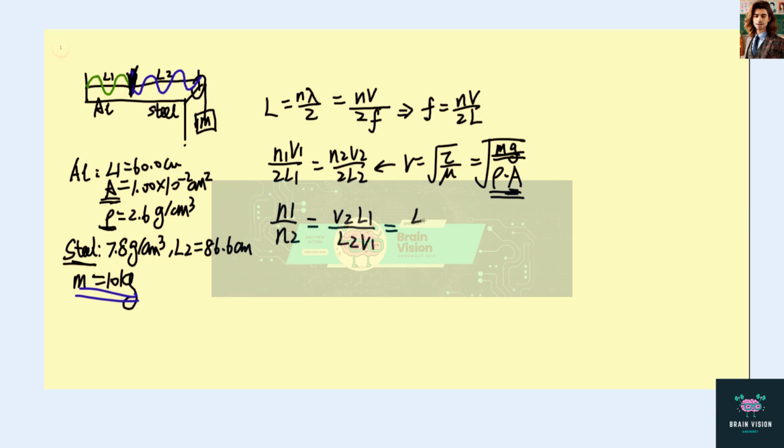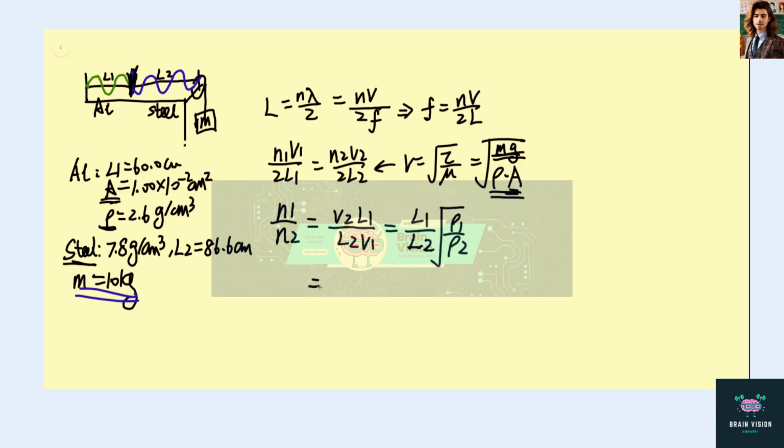We are only left with L1 over L2 times the square root of rho 1 over rho 2. Okay, so that's nice because we got rid of all those weird numbers. We don't have to deal with them anymore, they just cancel.